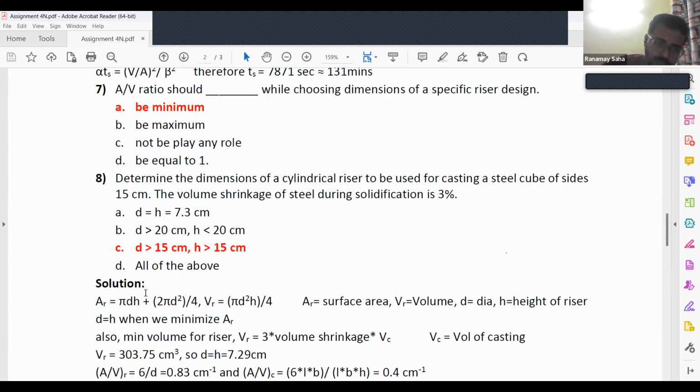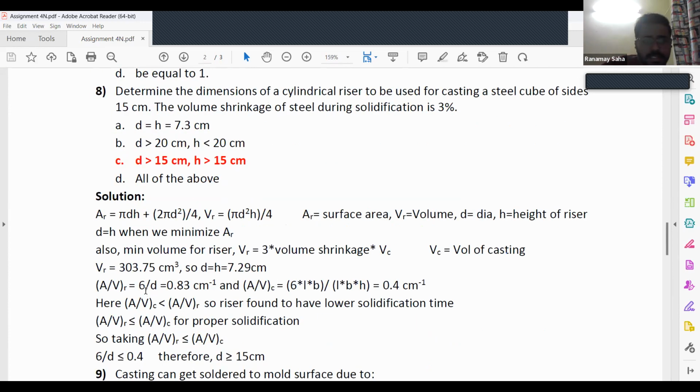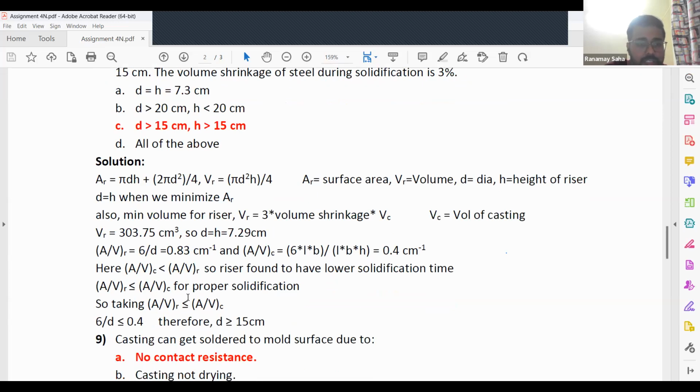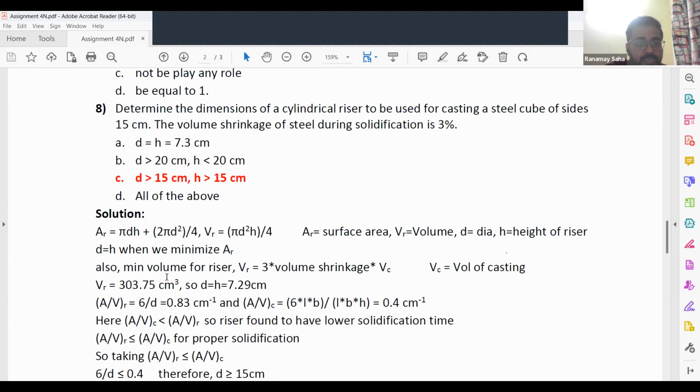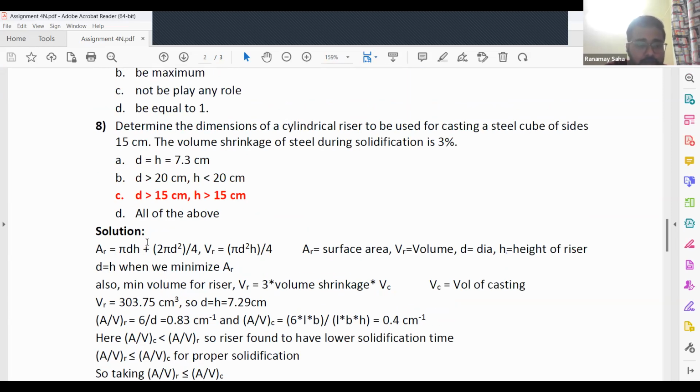Now it says determine the dimensions of a cylindrical riser to be used for casting a steel cube of sides. The volume shrinkage is given as 3%. So in such a problem you have to take care of shrinkage allowance, right? The area of a riser you can find out.